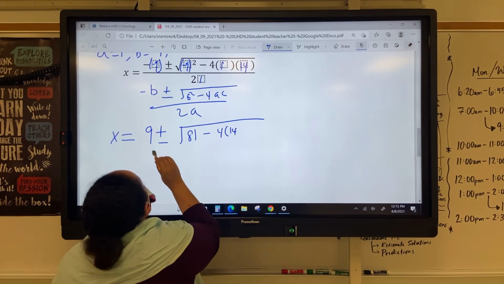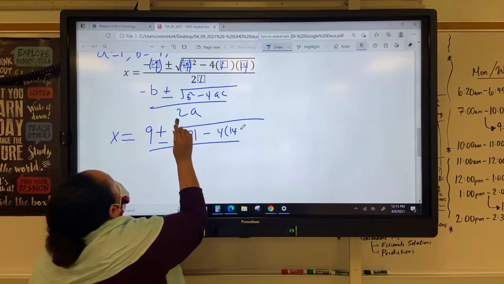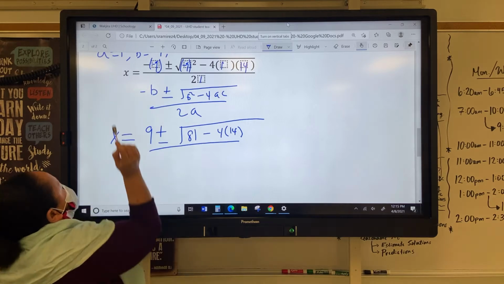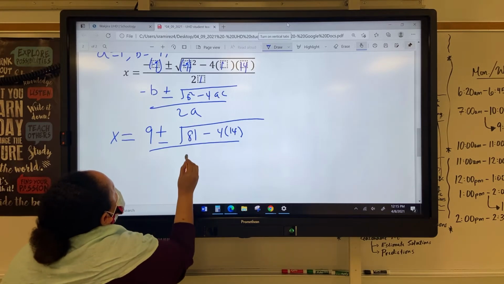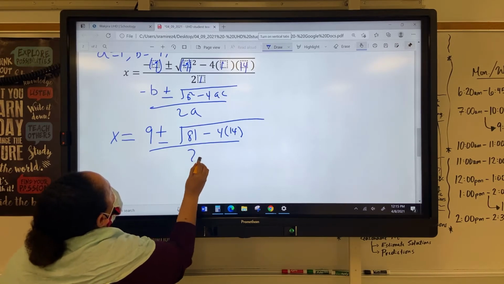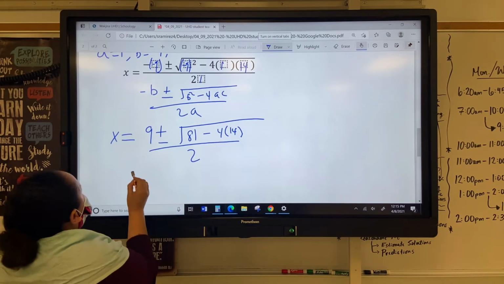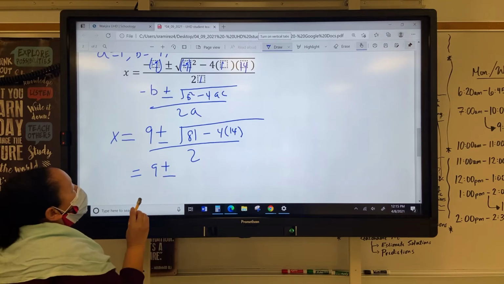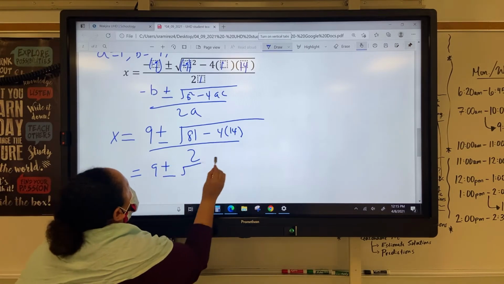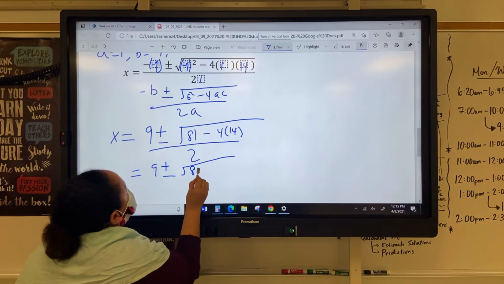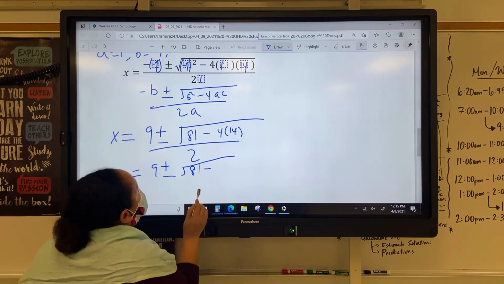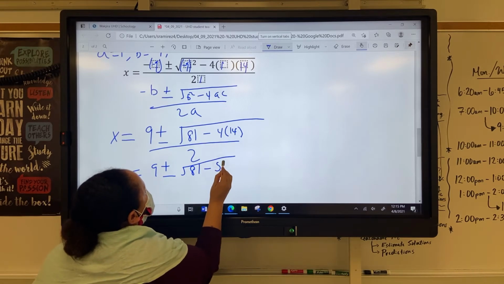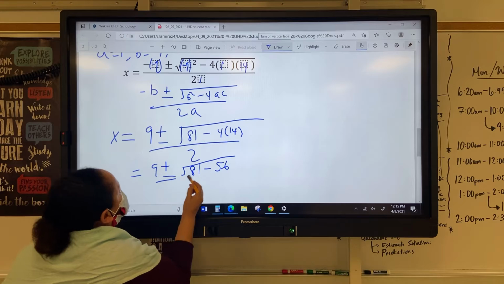Then over 2 times a, a is 1, 2 times 1 is 2. Okay, now it is 9 plus or minus, still in the square root, 81 minus, when you calculate this one, it becomes 56, over 2.